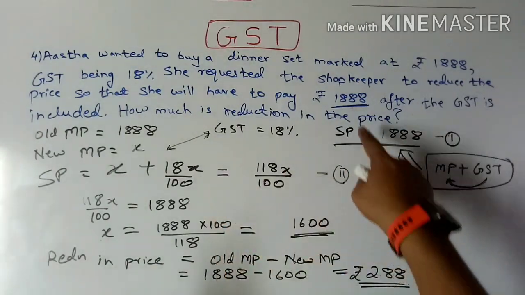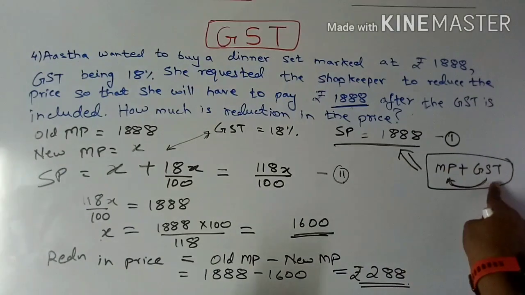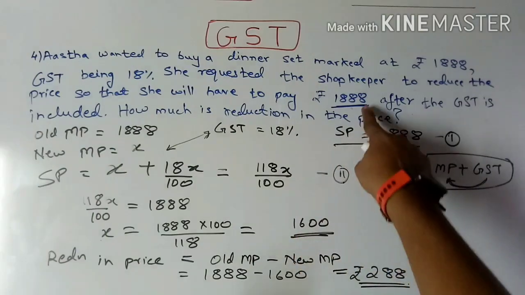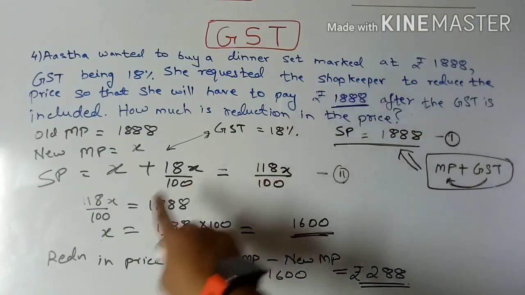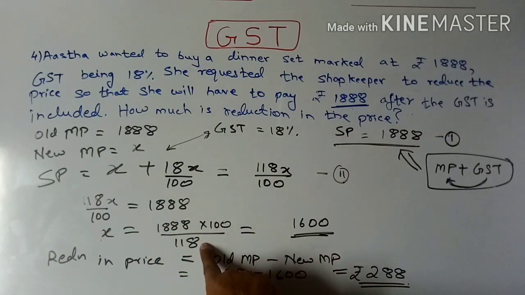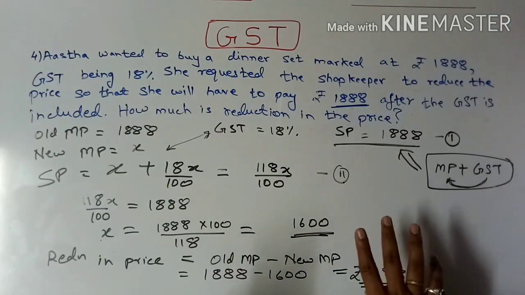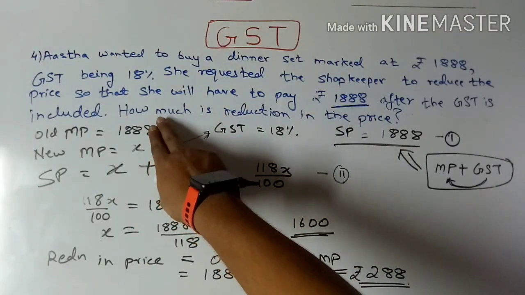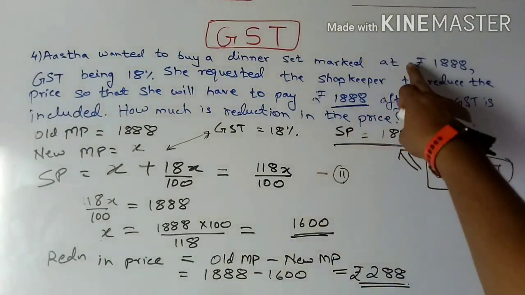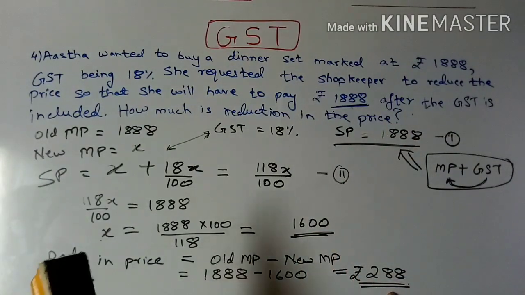Equating 1 and 2, since we know that the customer has requested 1888 to be the sum of the marked price as well as the GST, therefore X is equal to 1888 into 100 upon 118, which gives you 1600. But my answer is not over here. The question is asking how much is the reduction in the price. So the reduction in the price is old marked price, that is 1888, minus new marked price, that is 1600, and it gives me 288.